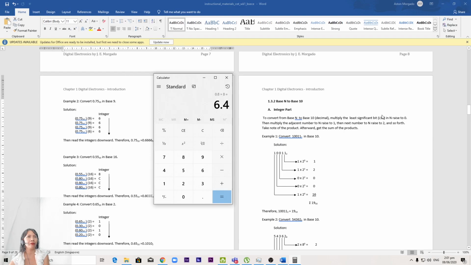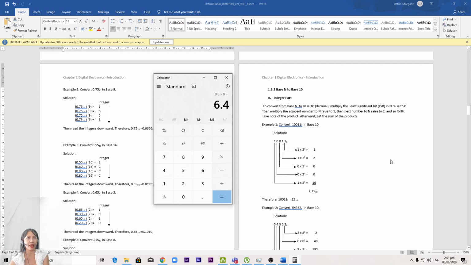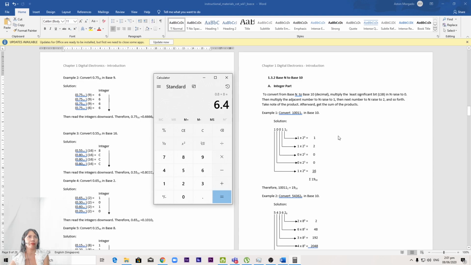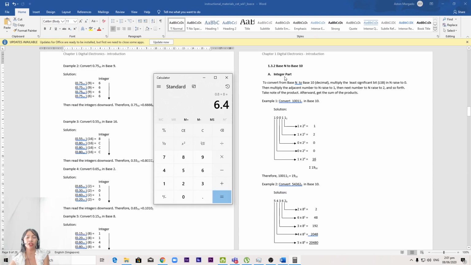So we're done with base 10 to base n. Now let's proceed to base n to base 10, starting with the integer or whole number part. To convert from base n to base 10, multiply the least significant bit, LSB, by n raised to 0.